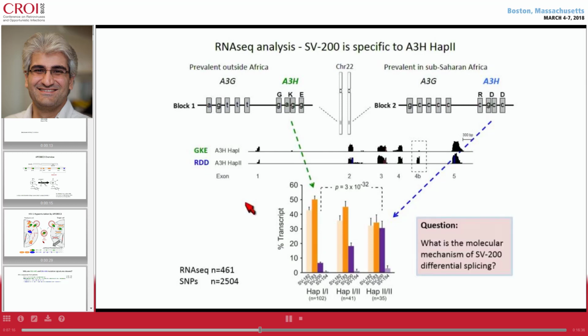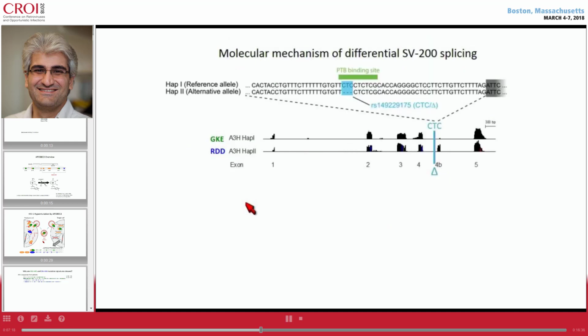So now the question is, what is the molecular mechanism? To cut the story short, we did a comprehensive association analysis between all the SNPs and the expression of different splice variants. We found a deletion right upstream of exon 4B, at a potential polypyrimidine site, which is a potential splicing factor binding site.